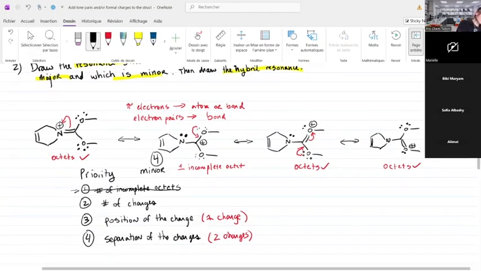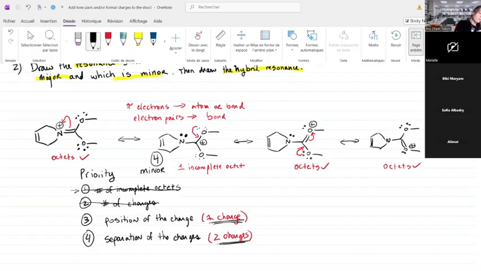Then 2 is the number of charges. In this case, all of the structures that we drew all have 1 charge, so we can't use this priority rule. Then we go to rule number 3, which is the position of the charge. Here we have 1 charge, so we're going to be following this rule. If you have 2 charges, you look at the separation of the charges, but we don't have that today, so we can ignore that.